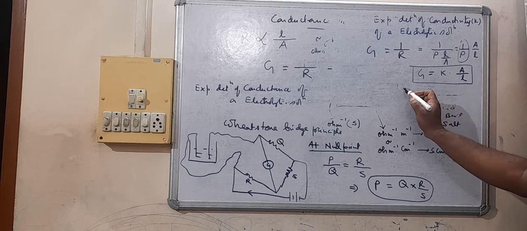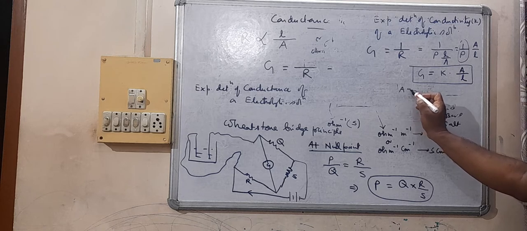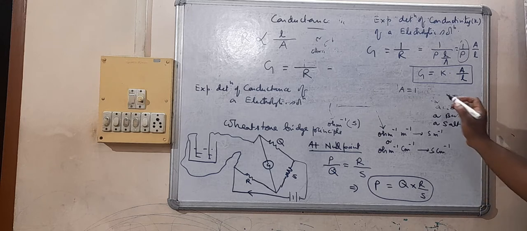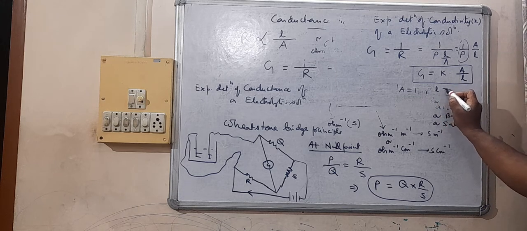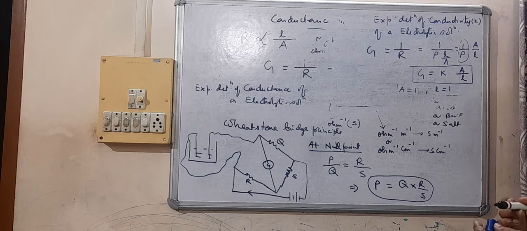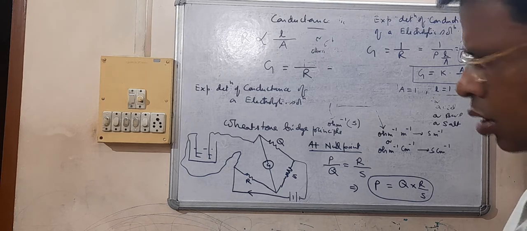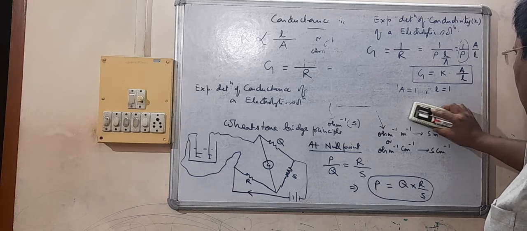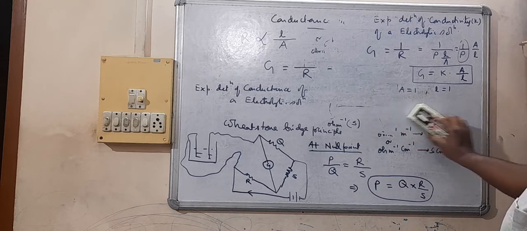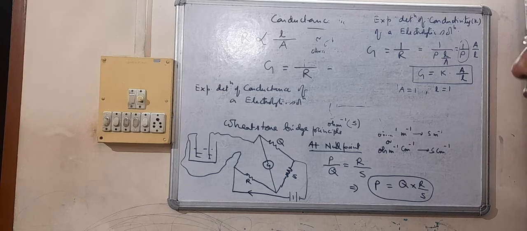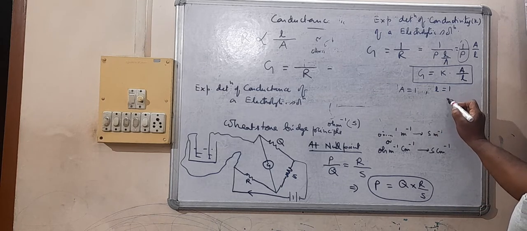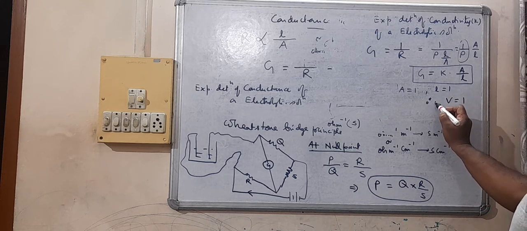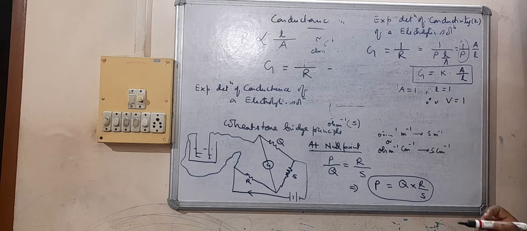Now suppose the area of cross section A is equal to 1, and suppose length also is 1. When area is 1, length also is 1, that means we can say volume is 1.